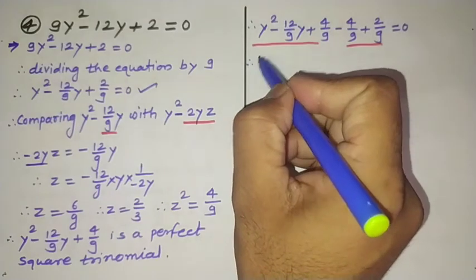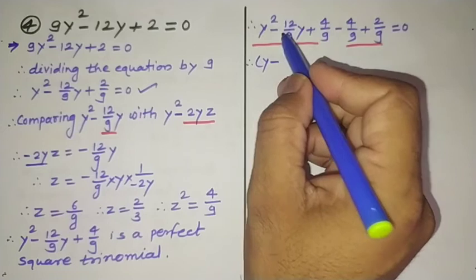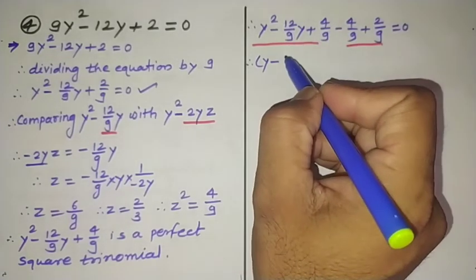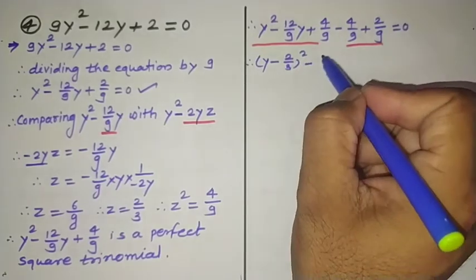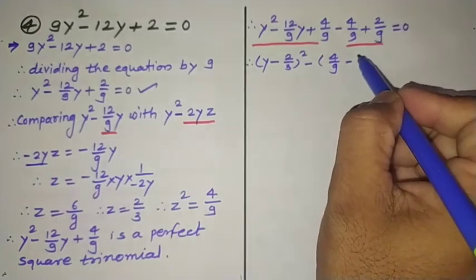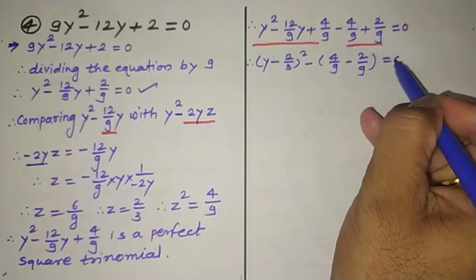First, write the first three terms. Take the square root of the first term, write the sign of the middle term, and the square root of the third term: 2 upon 3 bracket square, minus 4 upon 9 minus 2 upon 9 is equal to 0.